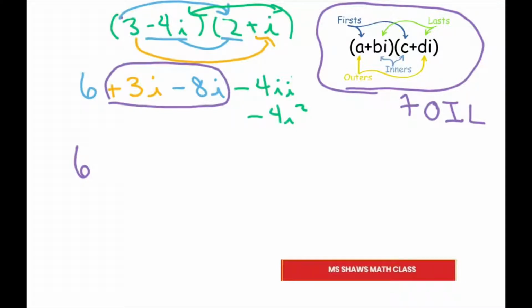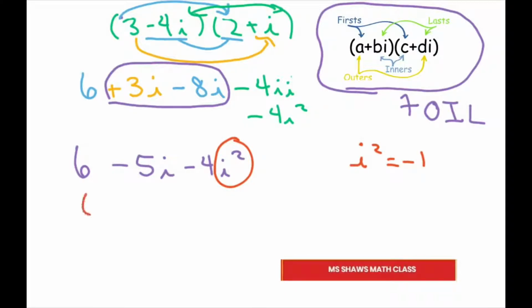They're like terms, so that's negative 5i. Then we have minus 4i squared. The thing you need to know about i squared, if you watched my previous video, is that i squared equals negative 1. So we're going to substitute. So instead of i squared, I'm just going to input negative 1.